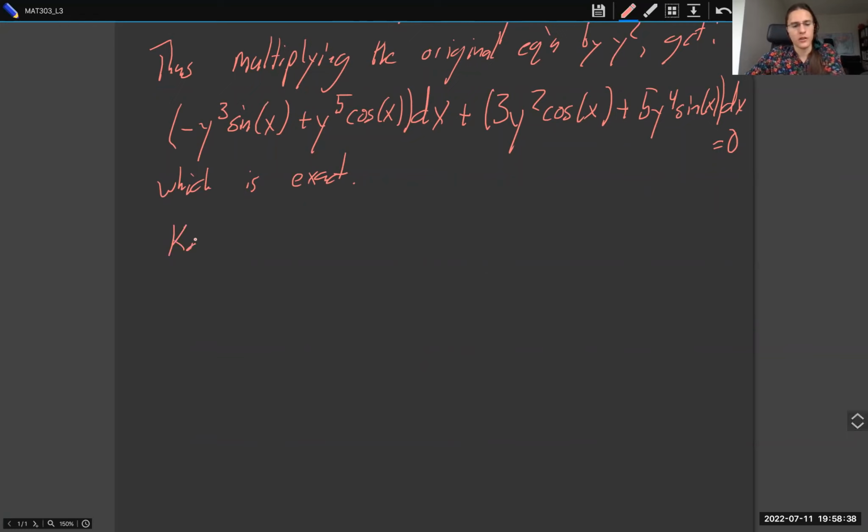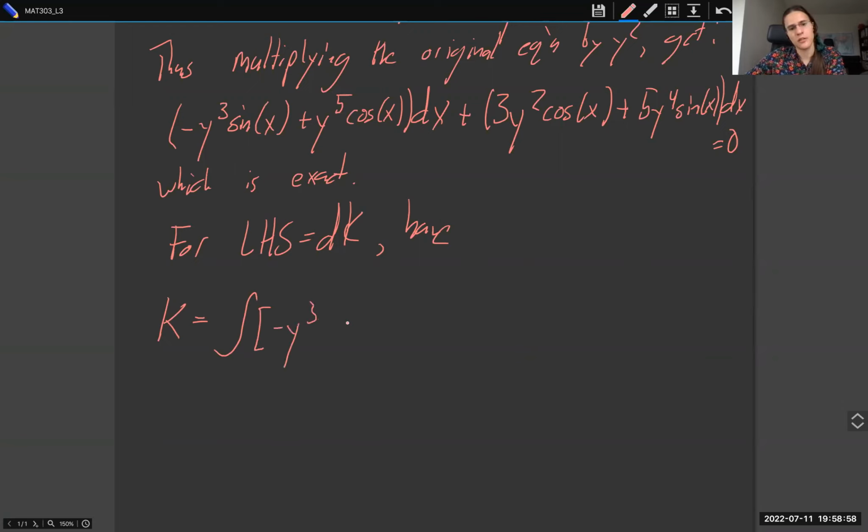I was going to write for dK, and so I wrote K. So the left-hand side is equal to dK. We have K is equal to the integral of M with respect to x, plus some function of y alone.